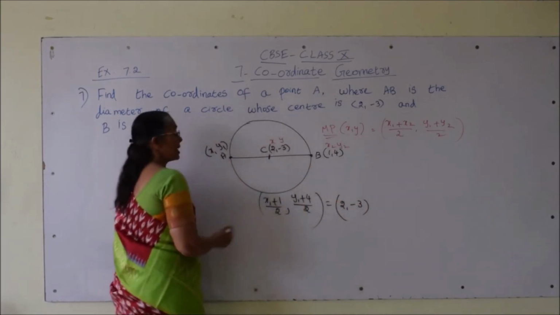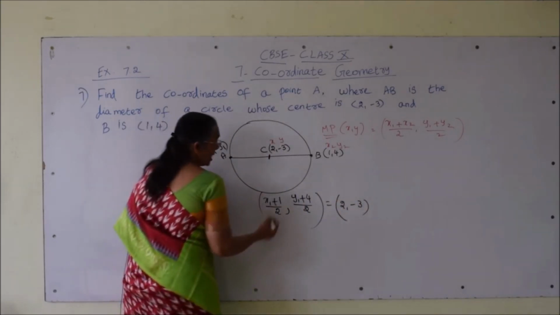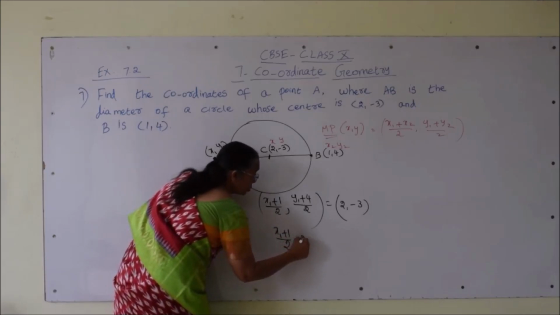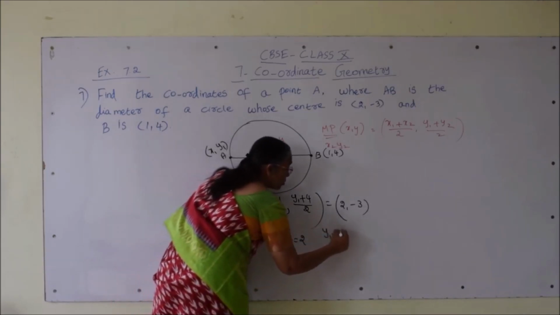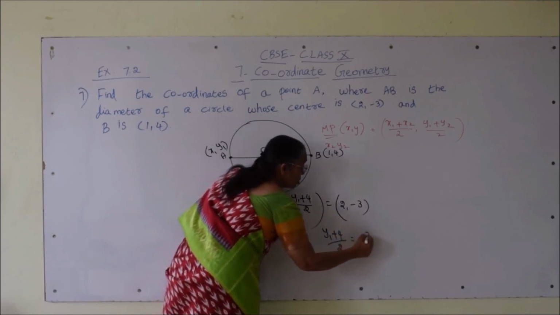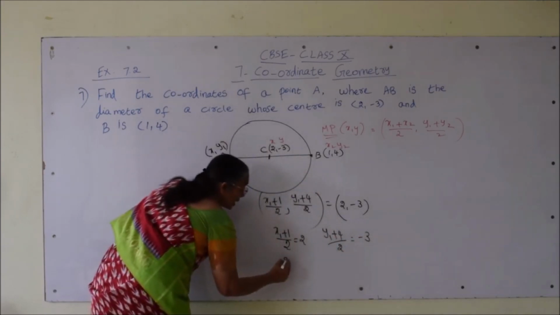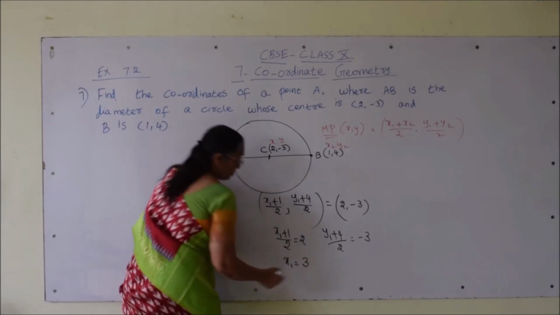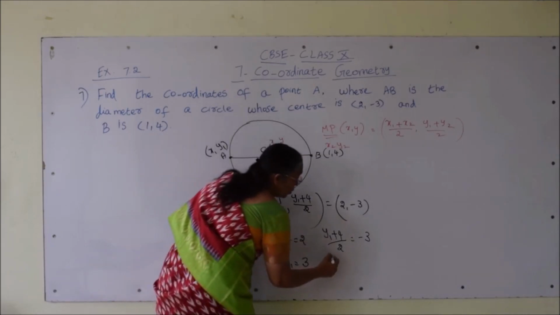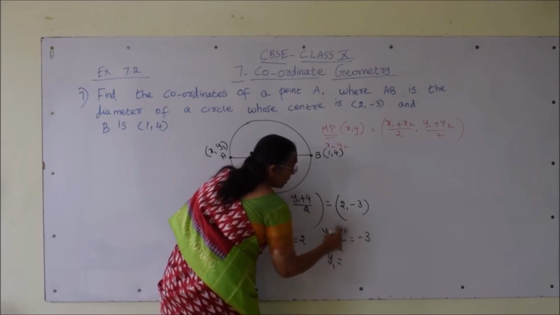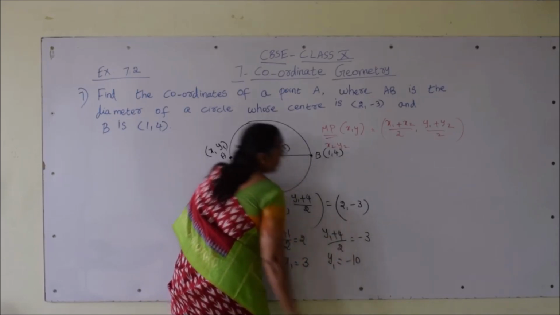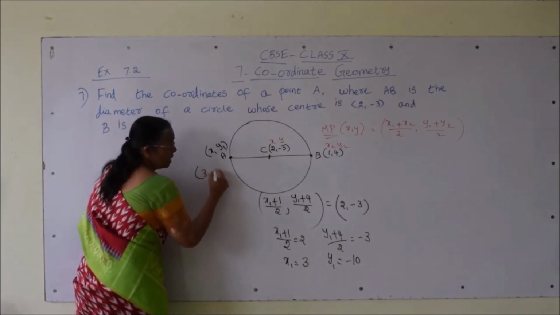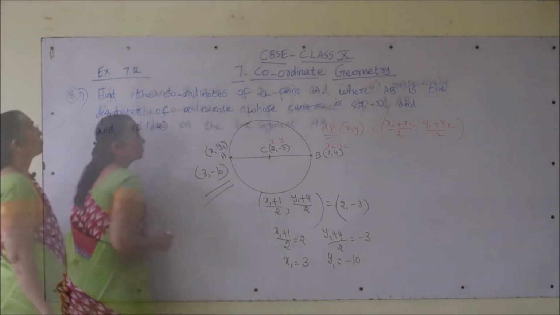So, equating the respective coordinates, (x1 + 1)/2 is equal to 2 and (y1 + 4)/2 is equal to -3. So, x1 is equal to 2 twos are 4, 4 minus 1, 3. Here y1 is equal to -6 minus 4, -10. So, the coordinates of A are (3, -10).